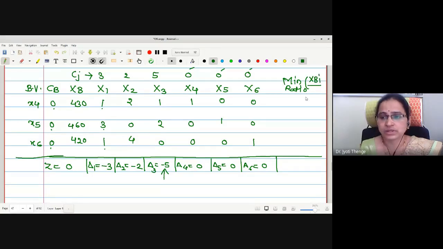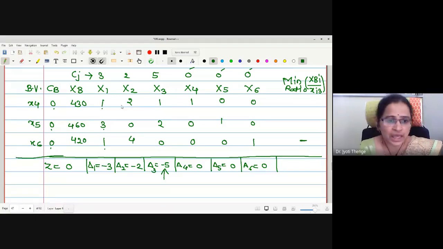XBi upon Xi3, provided Xi3 is greater than 0. Here the first two values are positive, but the third value is 0, so it is dropped. We calculate the first two values for the minimum ratio.